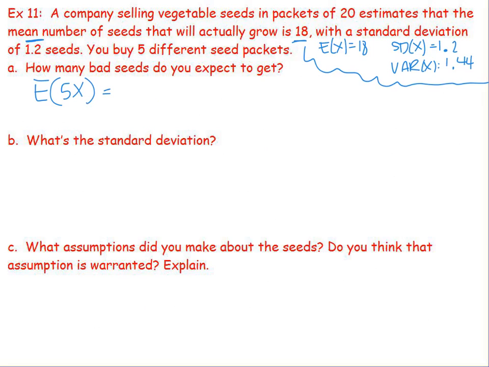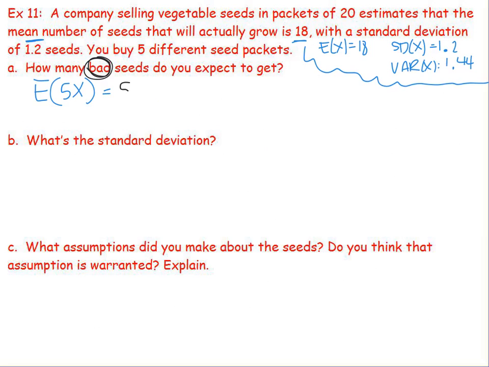But notice we are asking for how many bad seeds. Well, if there are 18 seeds that grow, that means there are 2 bad seeds. So the expected value is going to be, if we use our formulas that we were just using, this is formula 3.